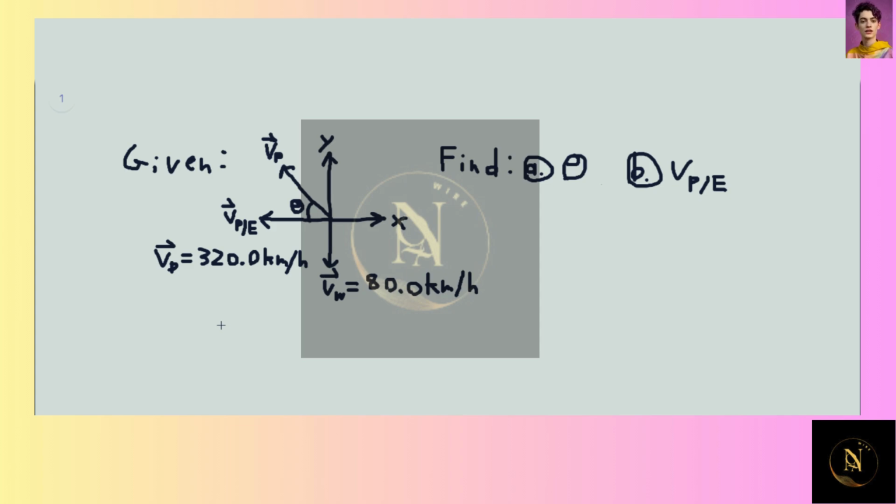So now what we can do is use the relative velocity equation. Let's look at the velocity of the plane relative to the Earth. Let's look in the x direction first.